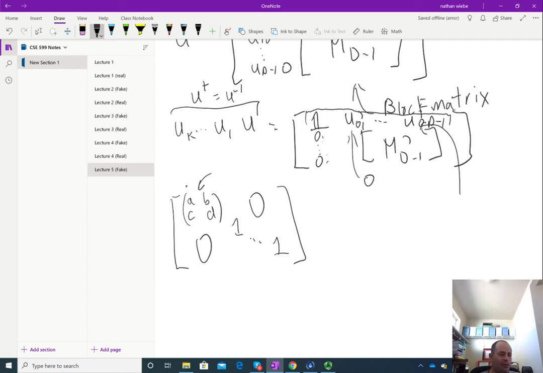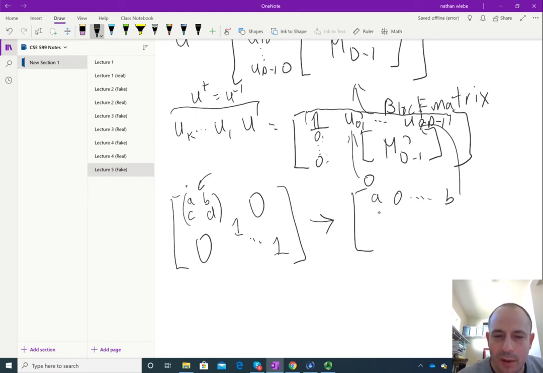Well, the simplest thing to do is that by permuting the rows and columns, we can map this to A, 0, going all the way across to B, down to C, 0, D, and 1 everywhere else.